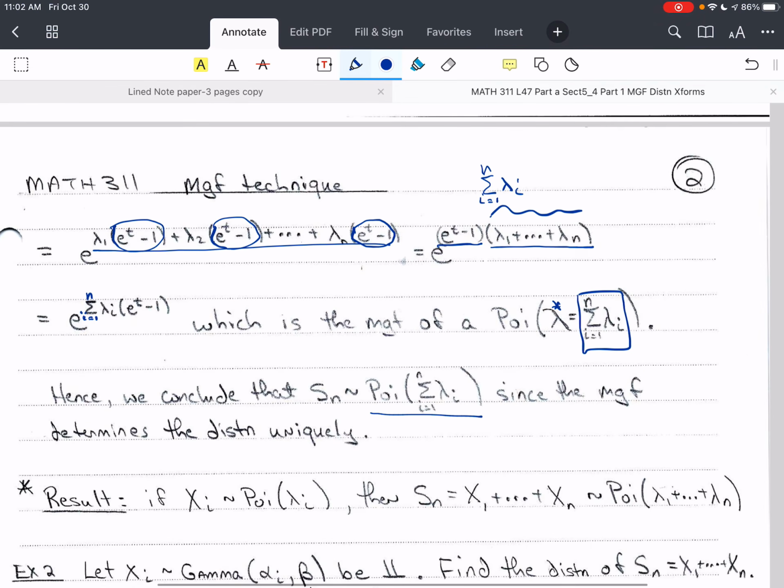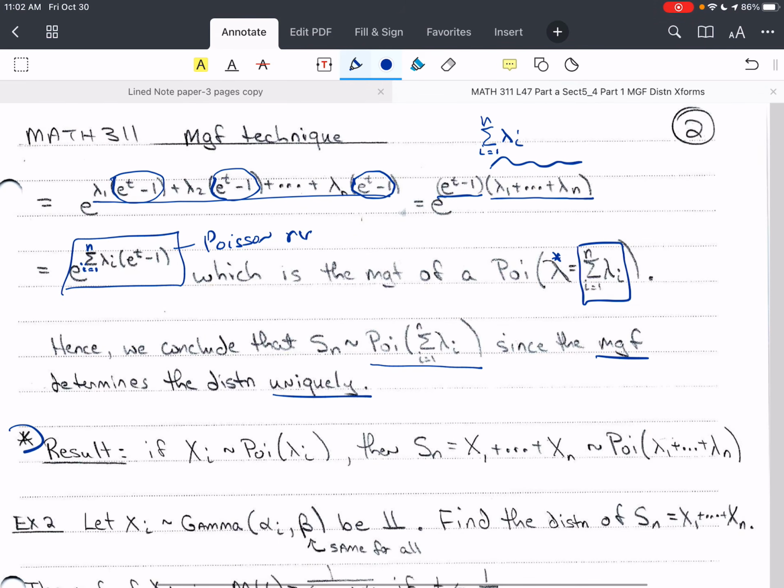And so remember that this MGF uniquely determines the distribution of S sub n. All right? And so it is in the form of the MGF of a Poisson random variable. Okay? So here's our result that I hope you are making a separate sheet for these results from Chapter 5. We're going to run into several of them, and you will need them handily, especially next semester.